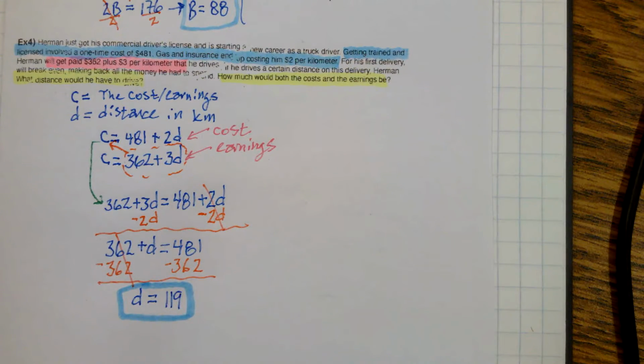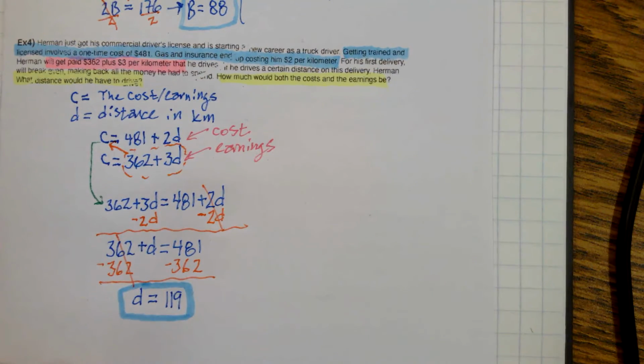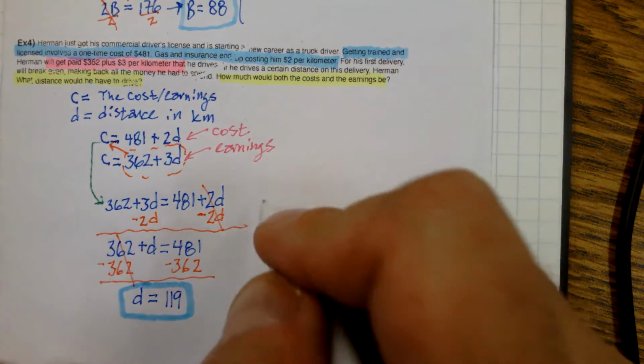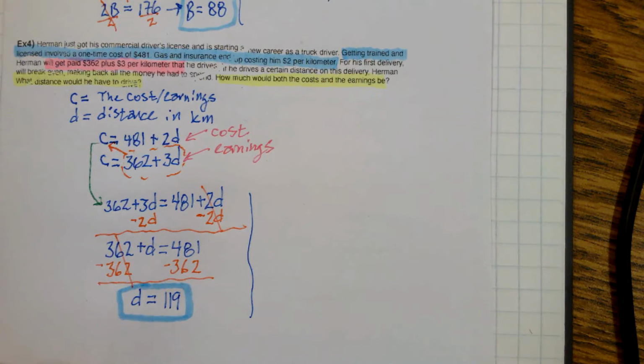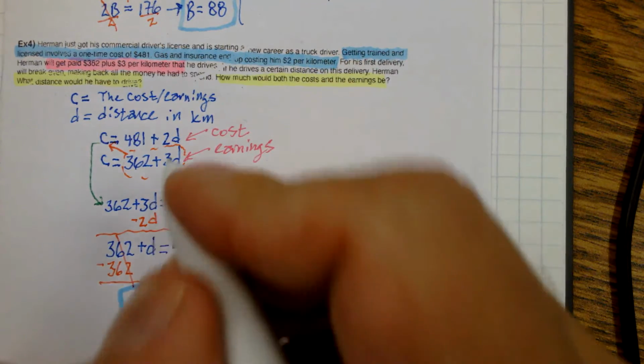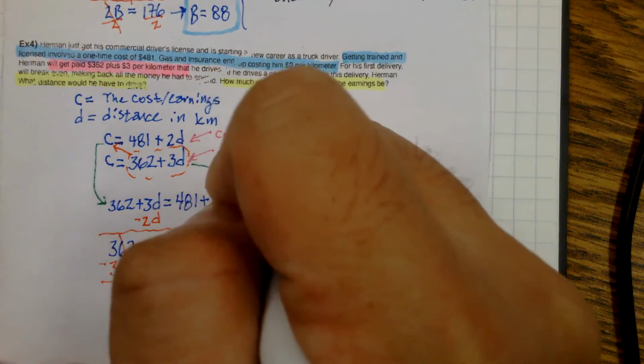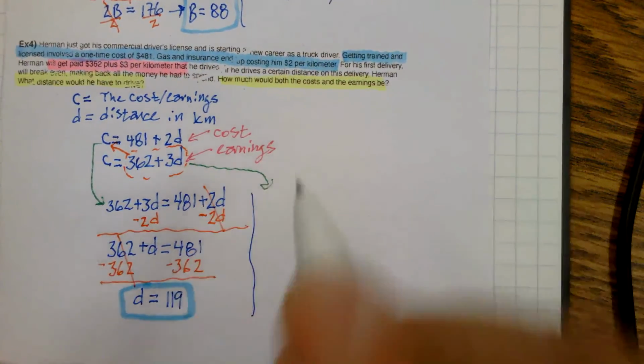Let's figure out how much money that was. The cost / earnings. So for this, pick any of the equations you like. Let's see here. I think I will pick the bottom one because I see smaller numbers there, sort of.